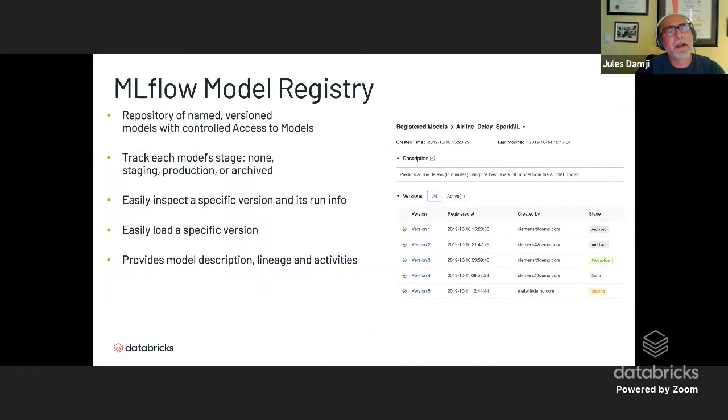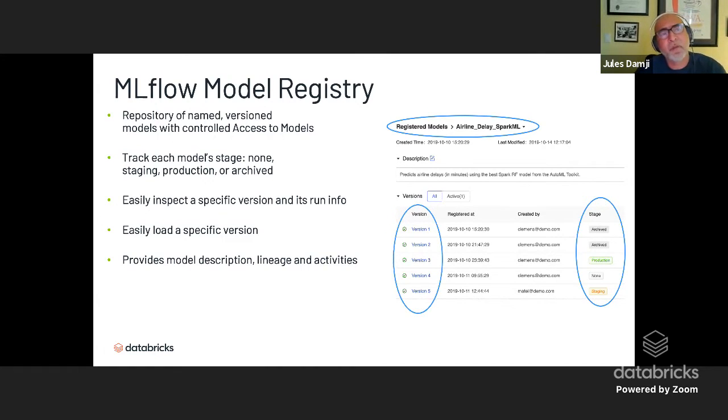And so, if you look at what the model registry UI or workflow looks like, you have a central model repository that gives you a unique name and version of a particular model. You can keep track of all the different stages, as I said earlier. You can inspect different versions of the model.